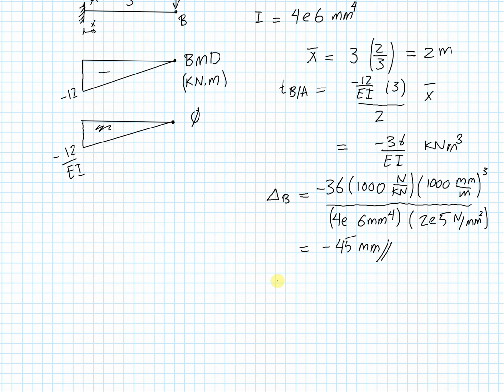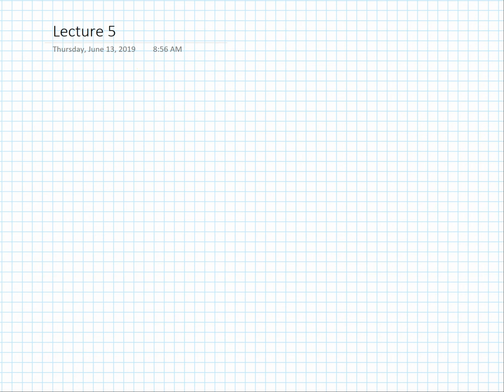All right. Now that we're familiar with the two theorems that constitute the moment area theorem, we can do a tougher example. This tougher example will have several steps, and we have to really think deep and recognize all these geometric relationships that exist between the different components of our slopes and deflections and tangents.